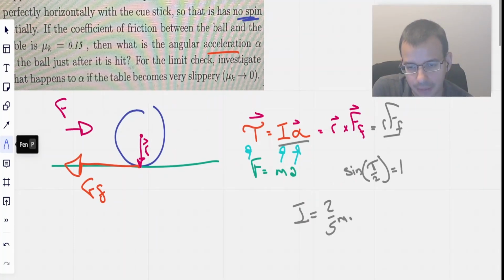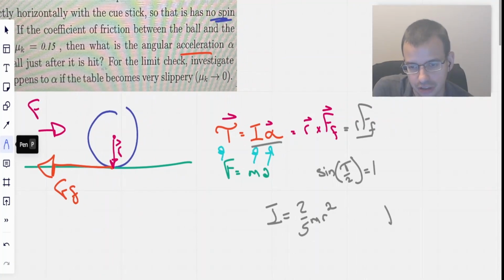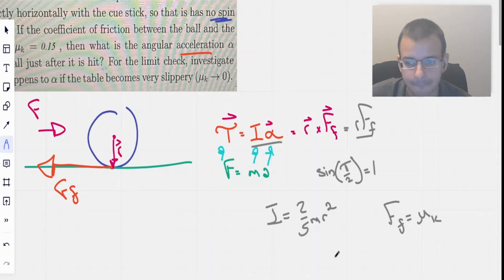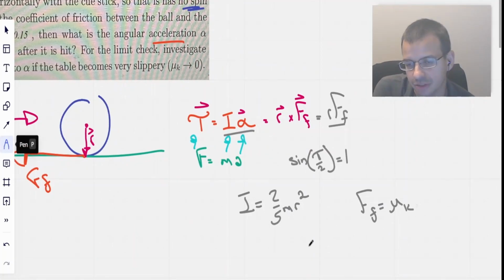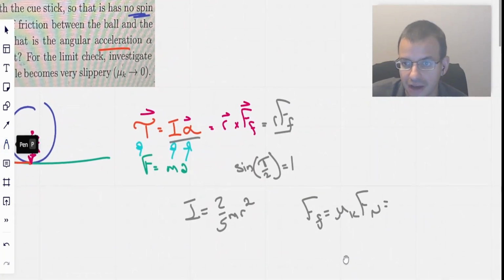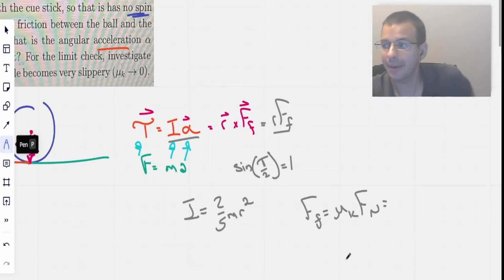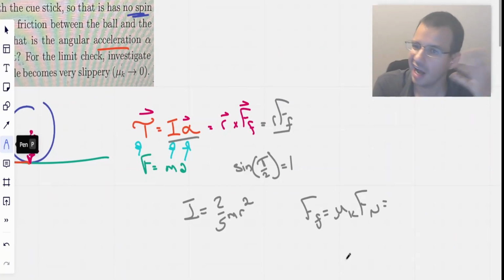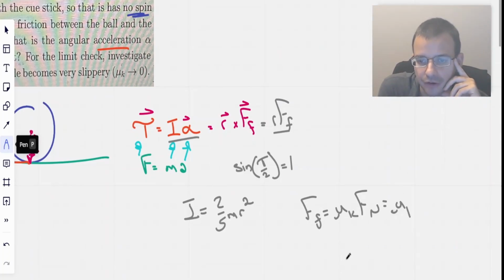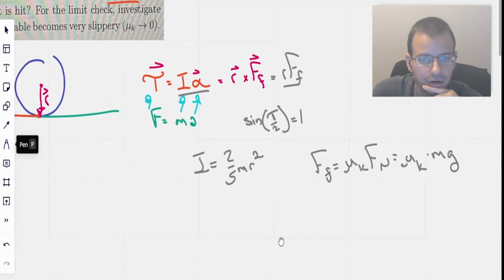So I equals 2/5 mr squared. And then force friction is going to be the coefficient of kinetic friction times force normal. In this case, we have force gravity going down and force normal going up, so force gravity is the same as force normal, in the opposite direction. And so we're going to have the coefficient of friction k times mass times gravity. All right, so now we can put it all together.